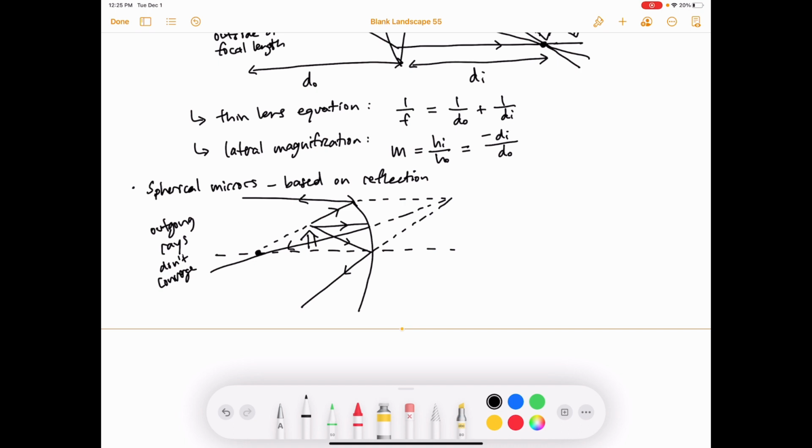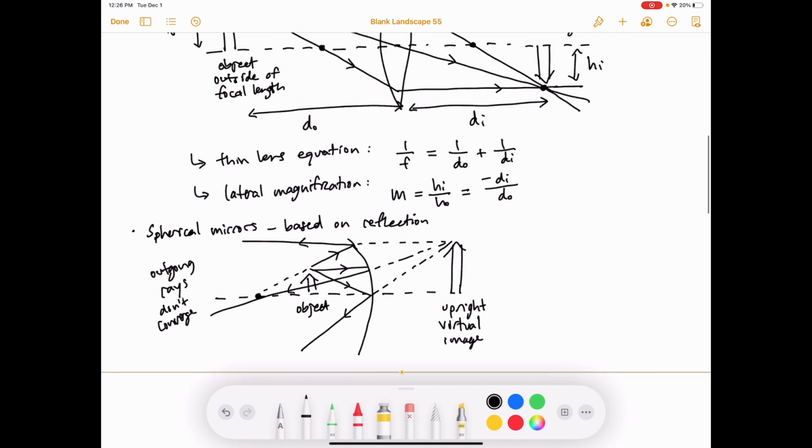So that means we have a virtual image. So here's our object over here. We have an upright virtual image on this side. And that's just one example of the type of image that can be formed by a mirror.